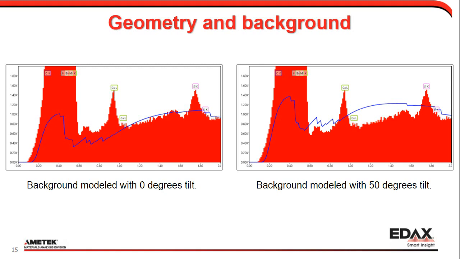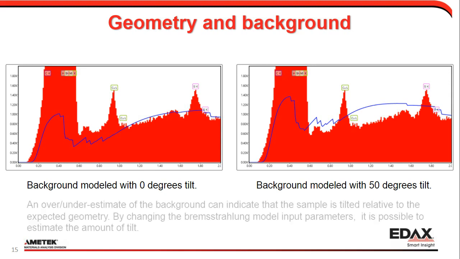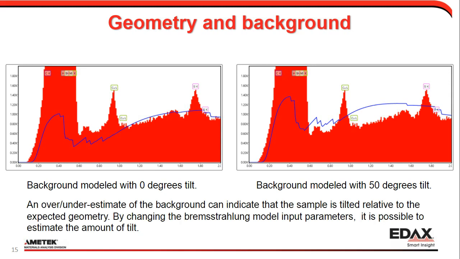So depending on whether the sample is tilted or not, my background signal will change, and I can adjust the model to determine how much that change is. If the model overestimates the background, that means the sample is tilted relative to the expected geometry. Conversely, if you have an underestimate, it also means it's tilted, just in a different direction. But in principle, you can estimate the tilt by modifying the input parameters to the model.